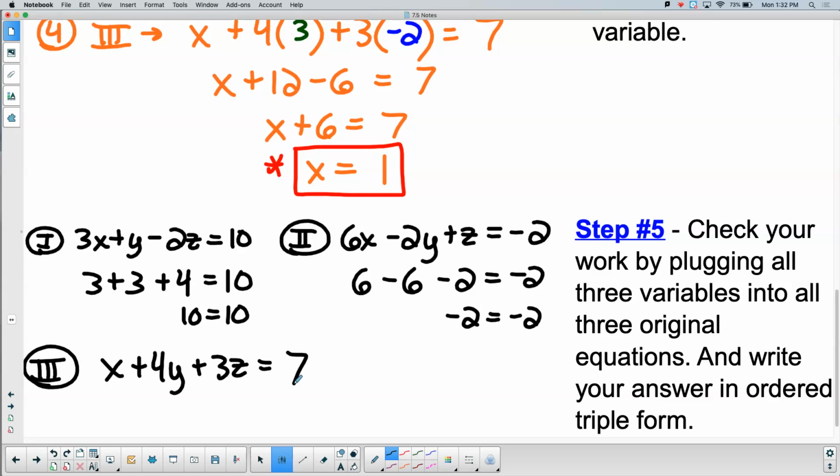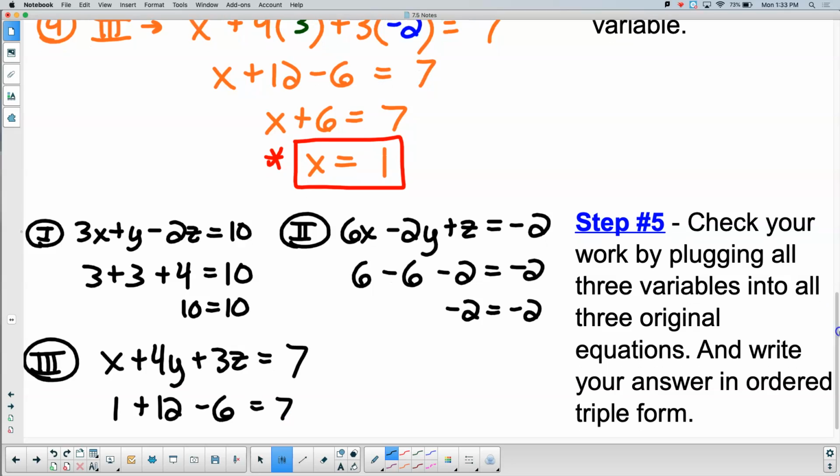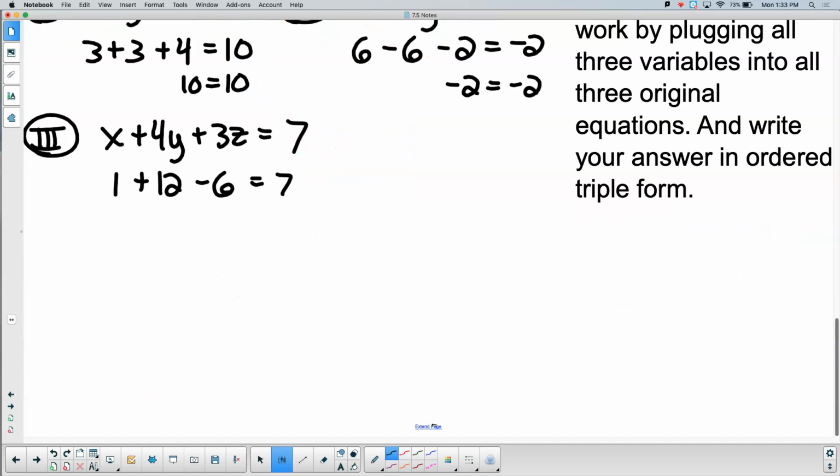X is 1. 4y would be 12. 3z is negative 6. 1 plus 12 is 13. Minus 6 is 7. 7 equals 7. So it checks out in all three. So our final answer then is 1, 3, negative 2.